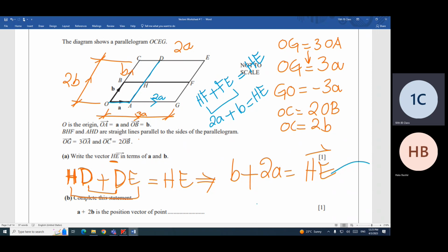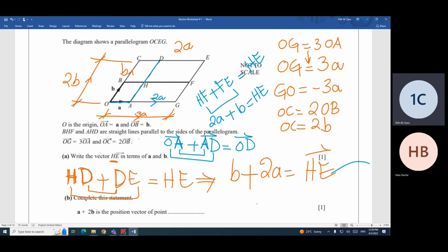So option number 1, we'll say from O to A, right? Plus, we ended with A, so we must start here with A: A to D. I know the length for all of it, I don't need to split it. So my answer is OD, right?